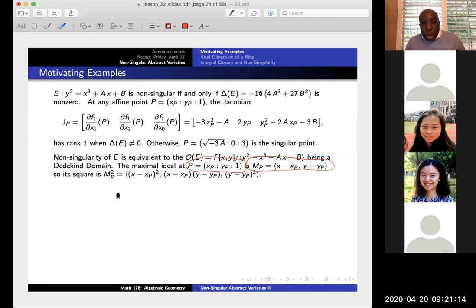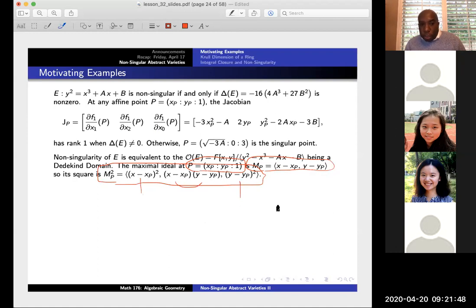If I square the maximal ideal, then that will be the ideal generated now by these 3. We're taking the pairwise product of the generators: the first generator squared, the product of the 2, and then the second generator squared. So the square of the maximal ideal is generated by these 3.